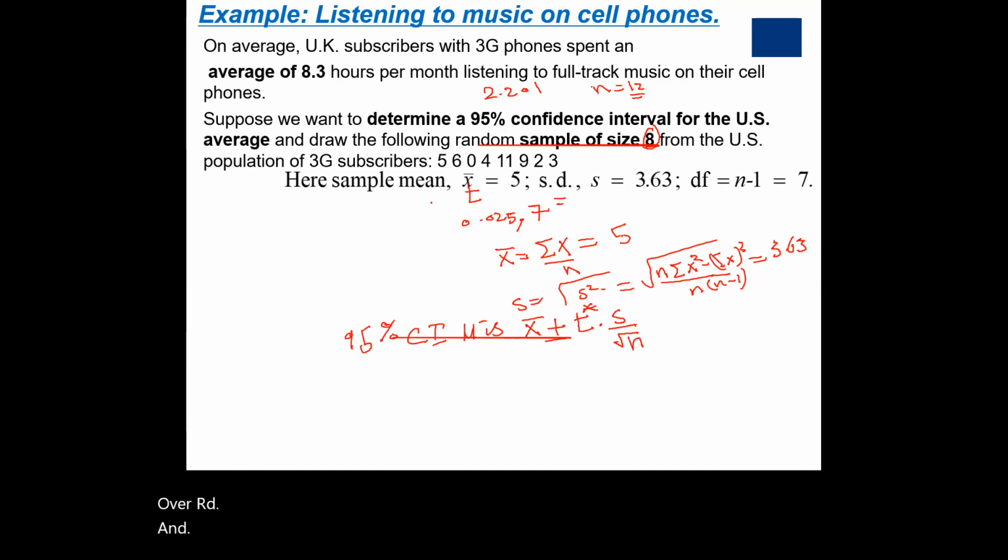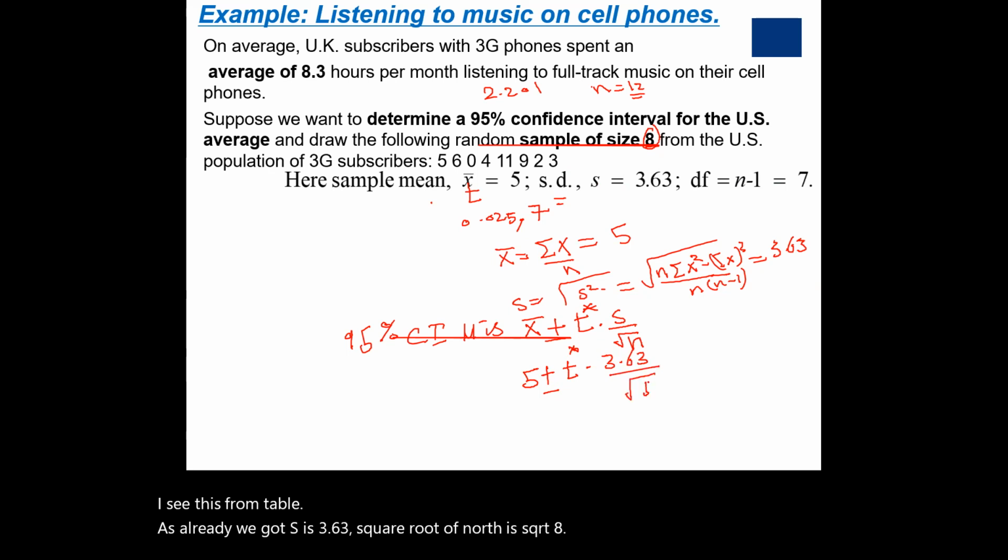X bar is 5, t from the table, S we already got, S is 3.63. Square root of n is the square root of 8.